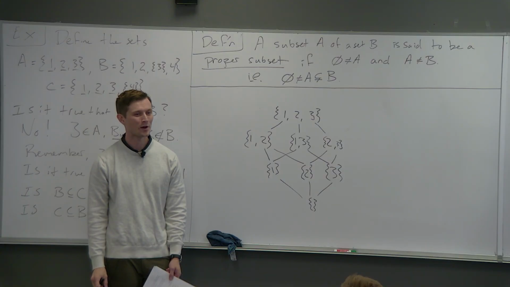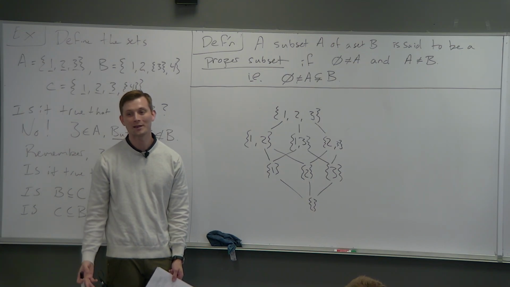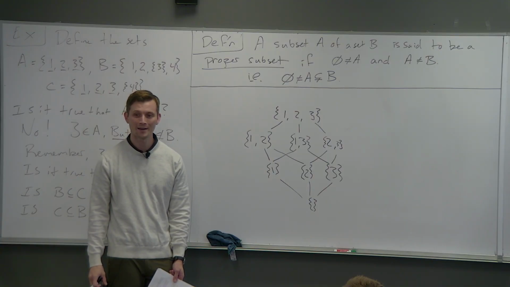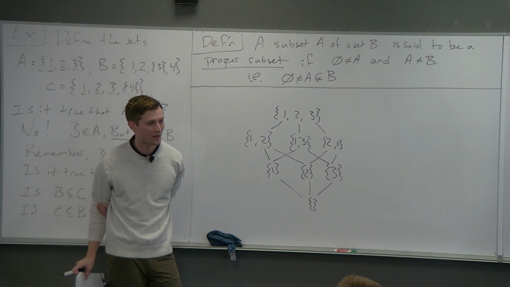Cool. So if you draw the set with 2 elements, and you look at its subsets, it looks like a square, right? What do you think will happen? How many proper subsets does a set with, say, n elements have?